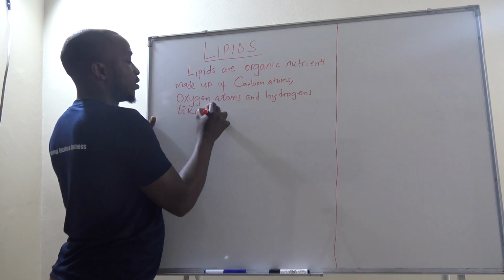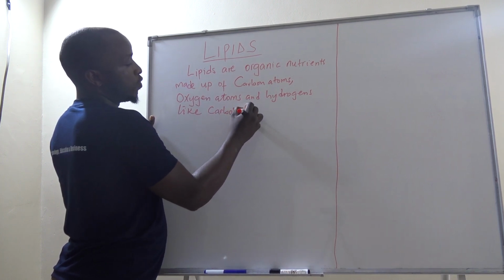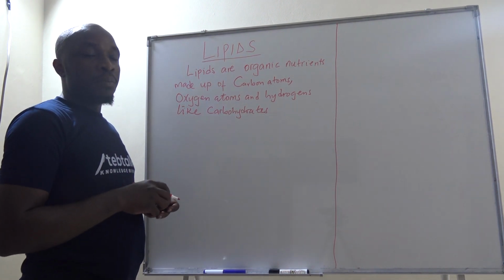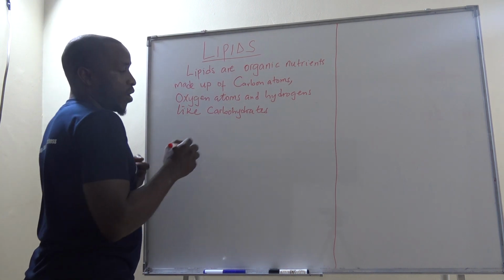Like carbohydrates, if we recall very well, carbohydrates were containing the same atoms, but where is the difference between lipids and the carbohydrates?